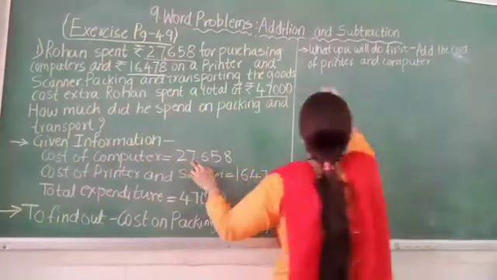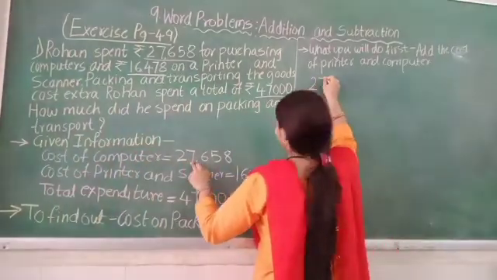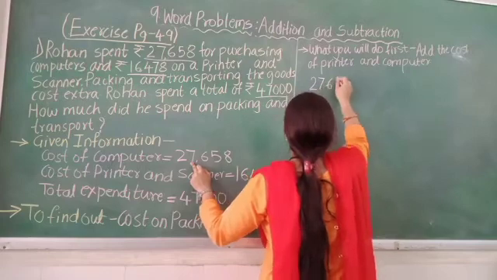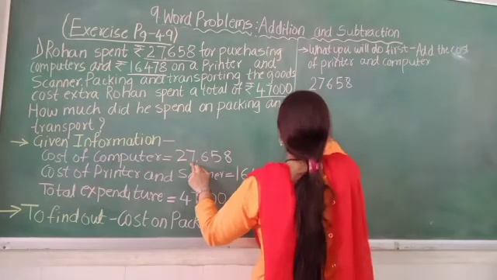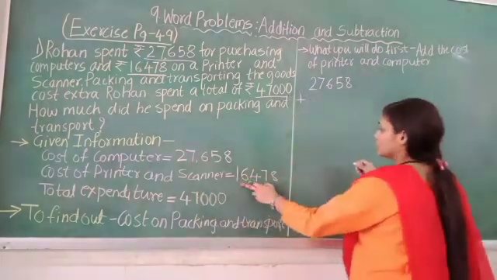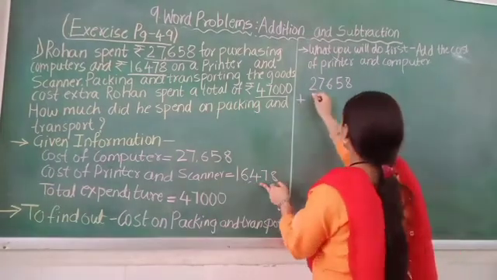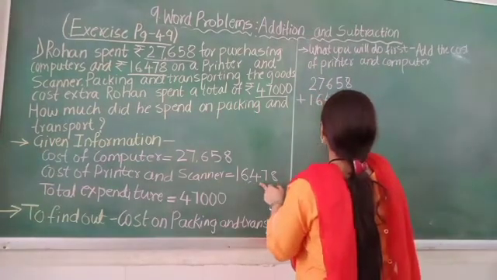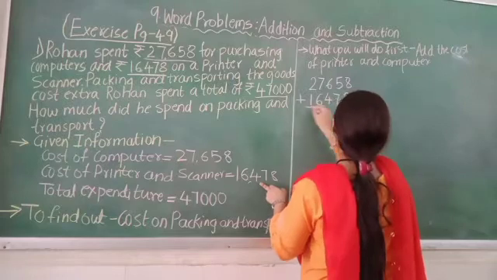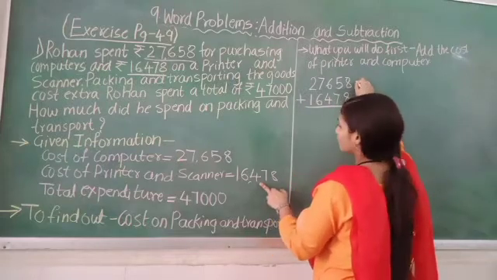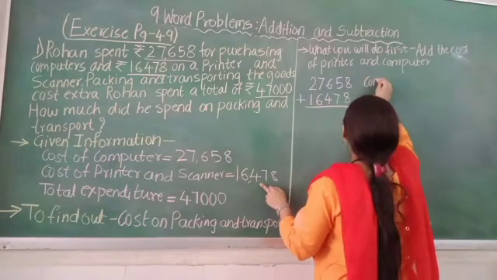So here what is it? 27,658 plus 16,478. This is the cost of computer.